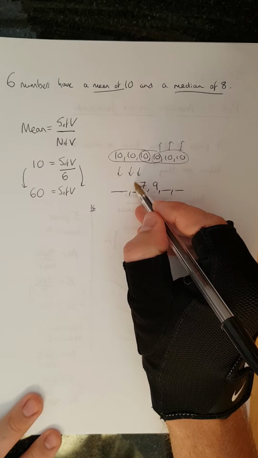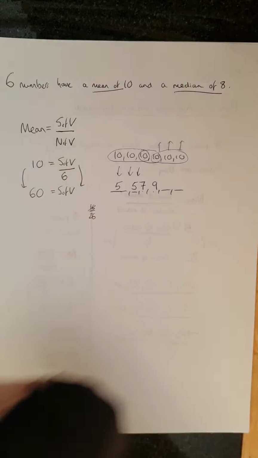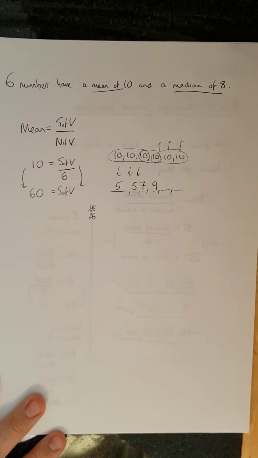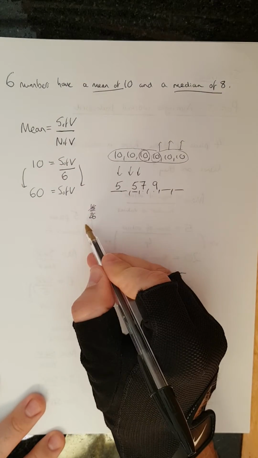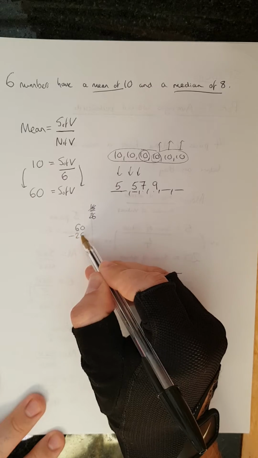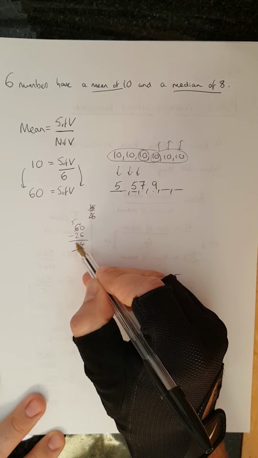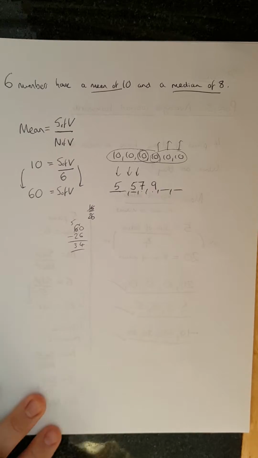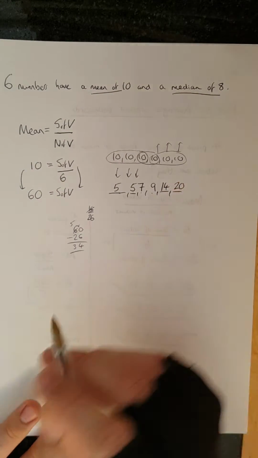So I'm going to put 5 here and a 5 here. So it's now 26. So these 2 numbers are going to have to make it total 60. So take my 26 off. I need them to add up to 34. So what about 14 and 20?